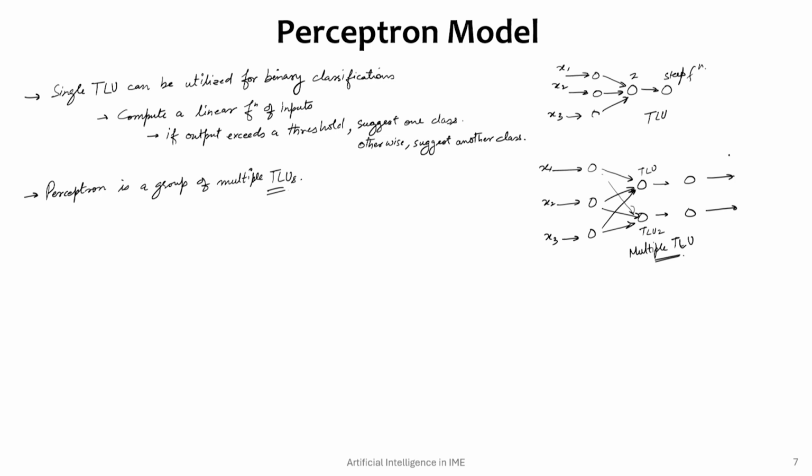And these are your step functions, and this is output 1, output 2. So this is a simple perceptron with multiple TLUs.